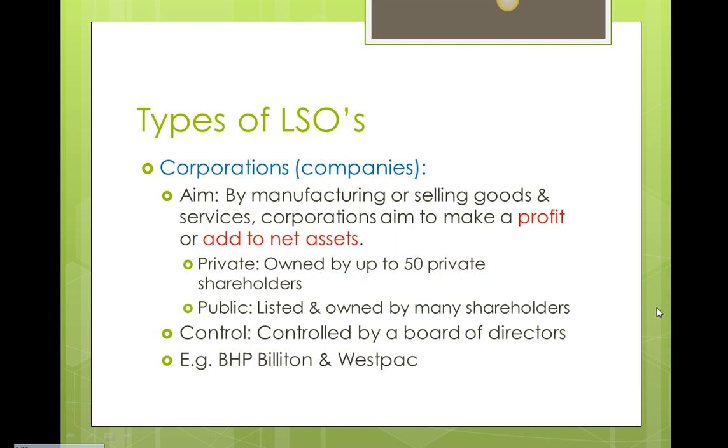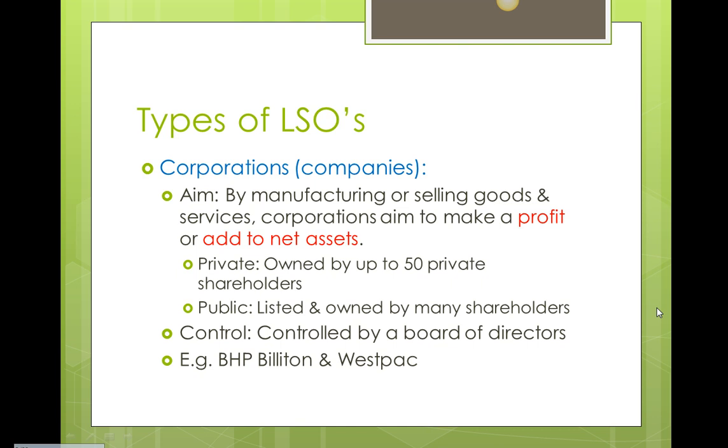So the different types of large-scale organisations. The first one, which is the most common one that we'll talk about throughout the year, is a corporation. You might see that as a corporation or a company. It pretty much means the same thing. Their aim is, by selling goods or services, to make a profit and add to net assets. They can be privately owned or publicly owned.